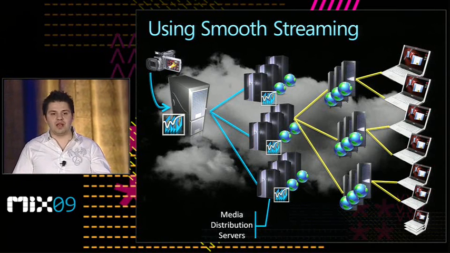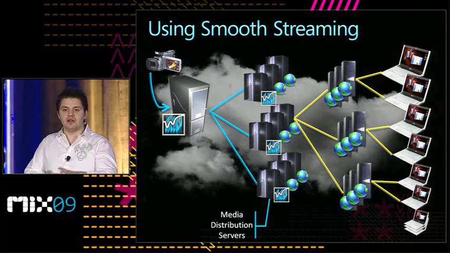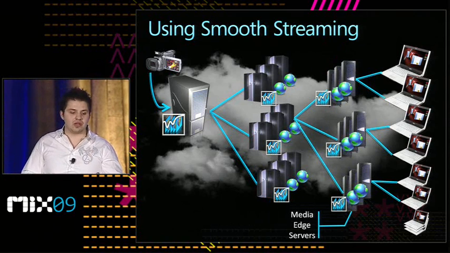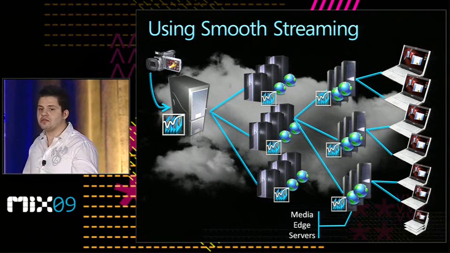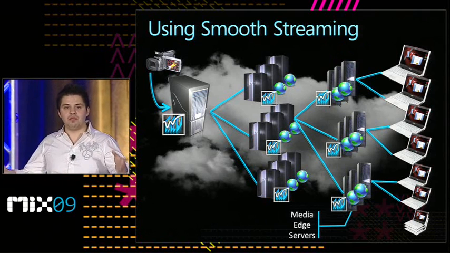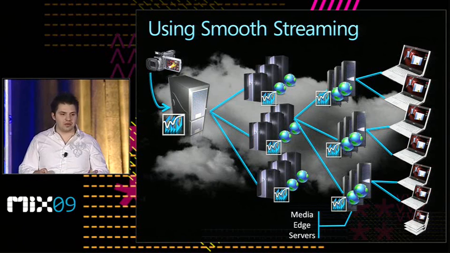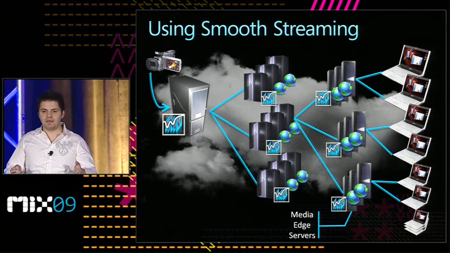So I've not added to the network. I've replaced a server with a server that has the same capability plus a few more. And so we can do the same thing at the edge to light up delivery. So for those scenarios where the optimized delivery is really important, you can add just a few servers throughout your network in order to be able to scale up.